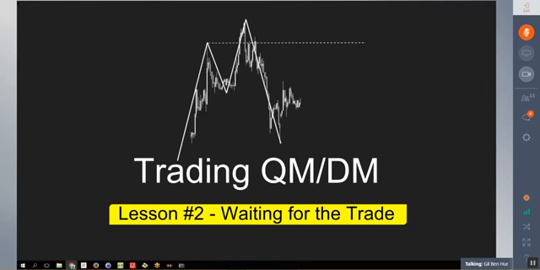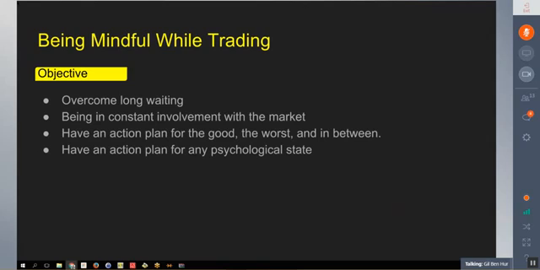Once we find a Quasimodo at the right location, we should erase everything into a blank page and just work on that and on the levels that may influence the scenarios that are going to happen next to our Quasimodo. Okay, so let's begin this lesson and see what I've prepared for you.